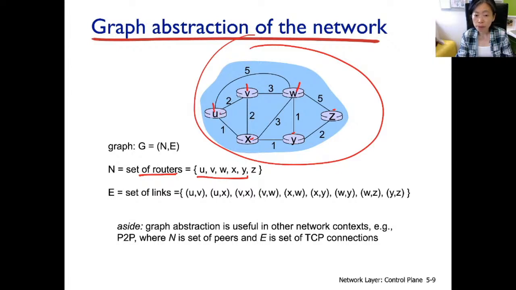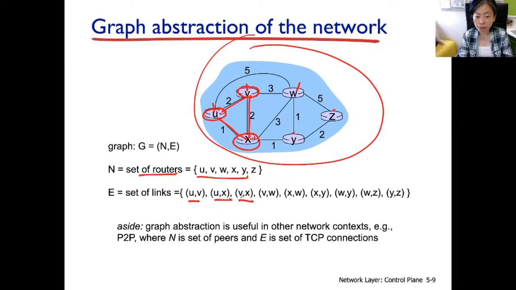Now between the routers, we also have links. So link UV here connects router U and router V. Similarly, UX connects router U and router X. VX, V here, X here.